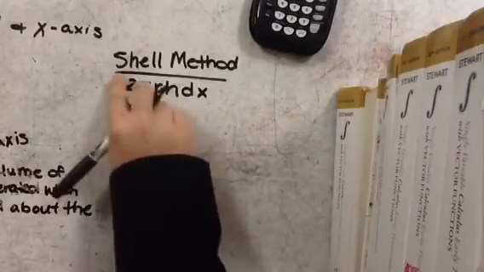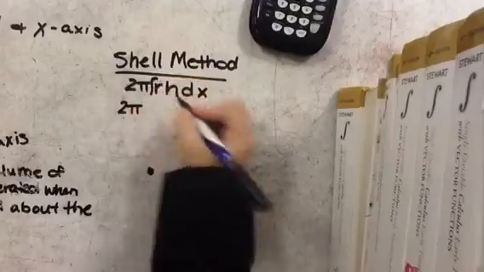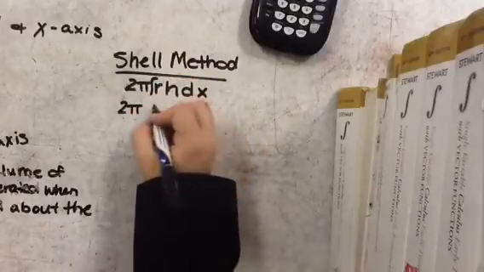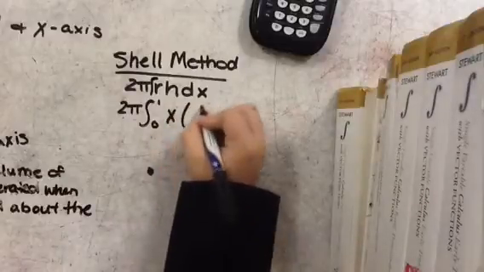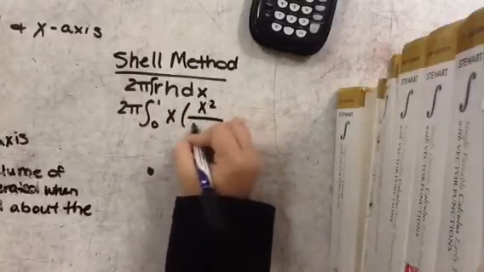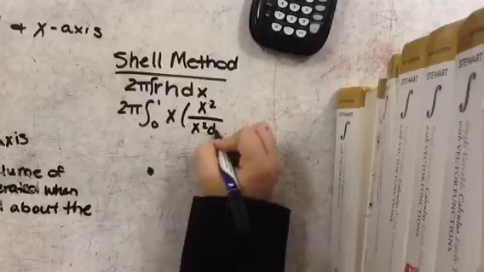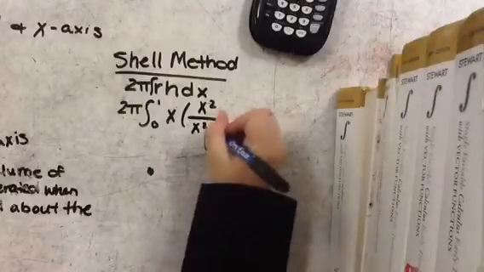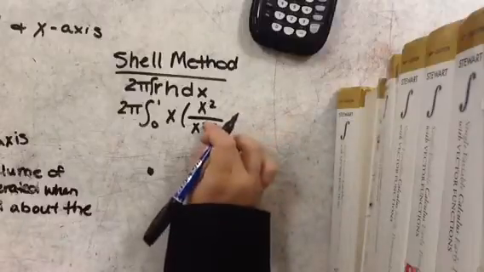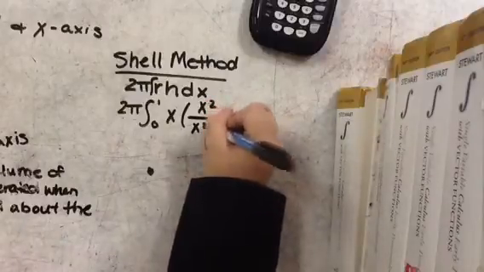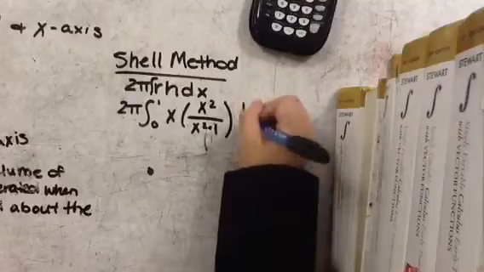So 2 pi, the integral from 1 to 0 of x times x squared over x squared plus 1, because that's our curve. Just fix that up so you can see it better. dx.